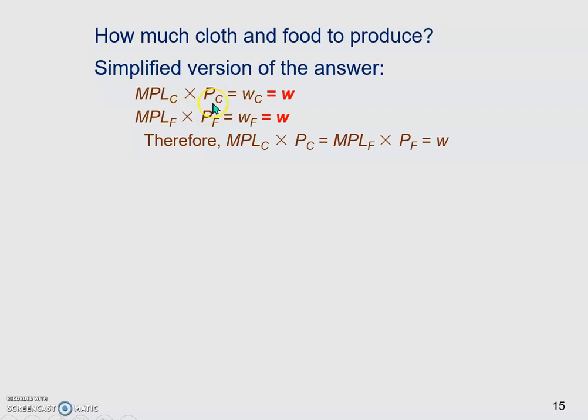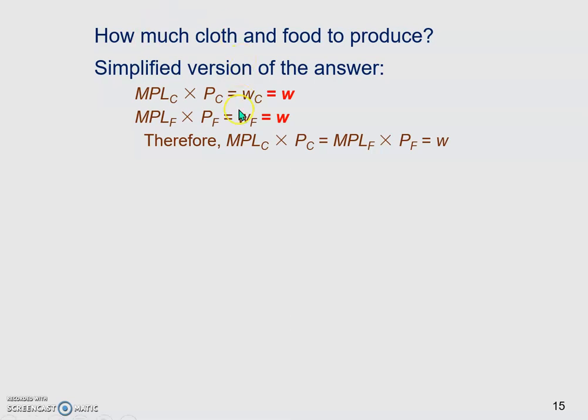So nominal wage divided by the price gives us the real wage. And we said that the economic intuition behind this equation is your contribution to production, which is measured by MPL, equals how much you get paid, which is measured by the real wage, W over P, right?